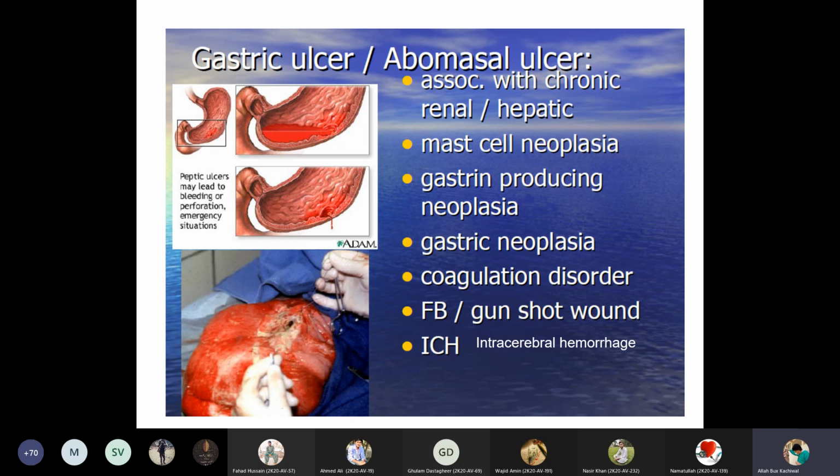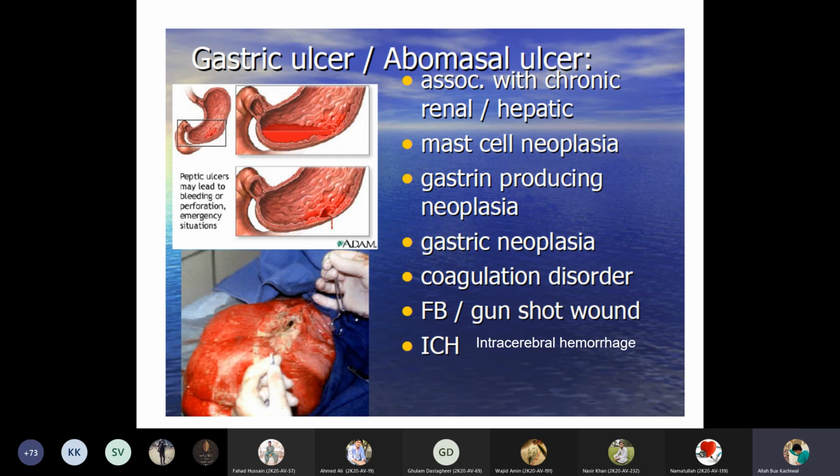So it is associated with chronic renal or hepatic disease or mast cell neoplasia or gastrin producing neoplasia. These are tumors. Neoplasia is known as a tumor. So this tumor or neoplasia may cause ulcers.